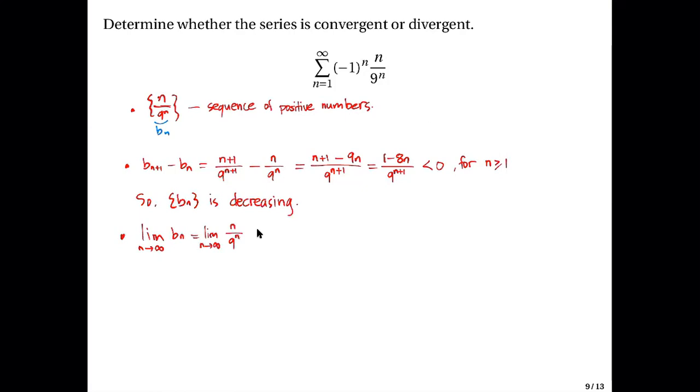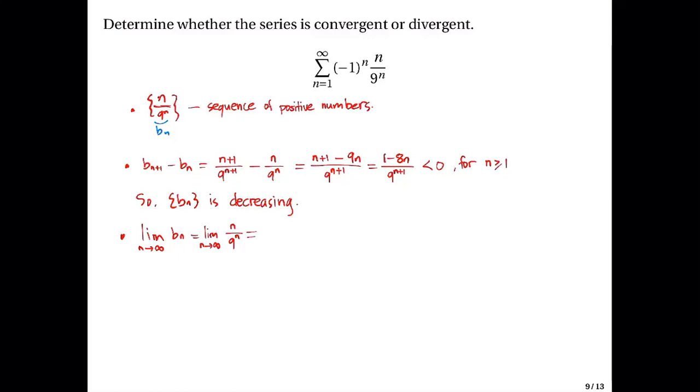And again, you can argue that n polynomial sa numerator, exponential sa denominator, magiging 0 lang ito. Mas mabilis yung exponential sa polynomial. Or you can just use L'Hopital's rule.